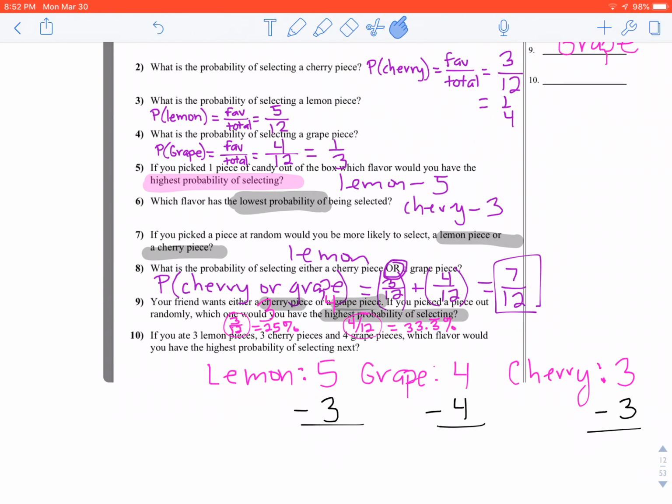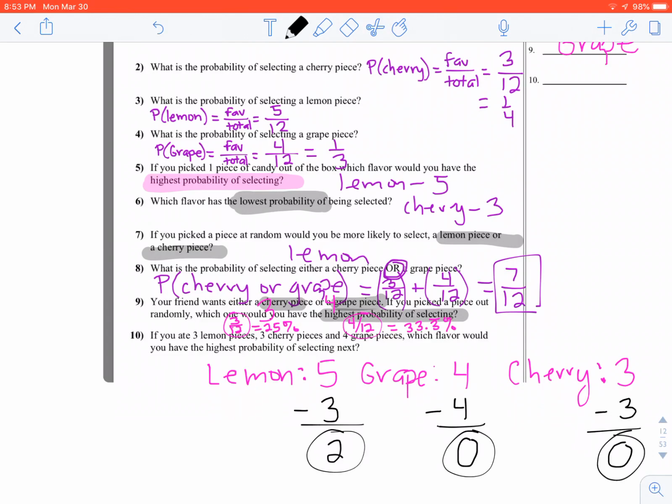So let's first figure out, if you're eating all this candy, what are we left with before we can answer the question? For the lemon, we had 5, you ate 3, we're left with 2 pieces. The grape pieces, if you had 4 and you ate 4, you don't have any left. So there's 0 there. And cherry, if you had 3, you ate 3, same thing.